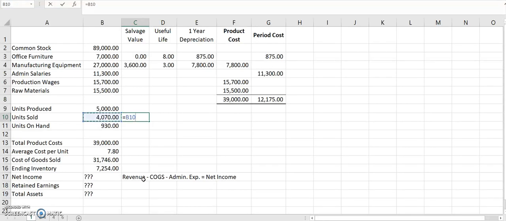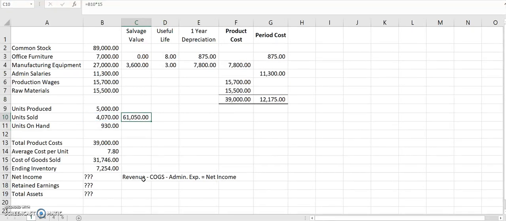So if we multiply our units sold times $15, we now know that we had $61,050 in revenue.